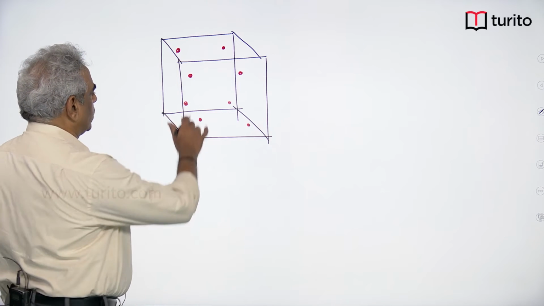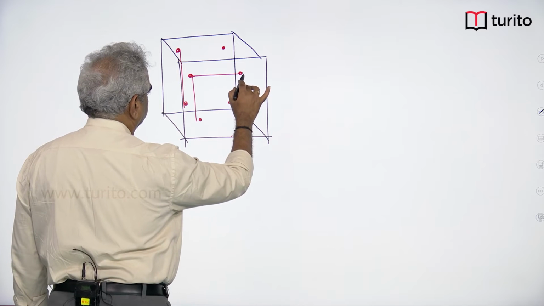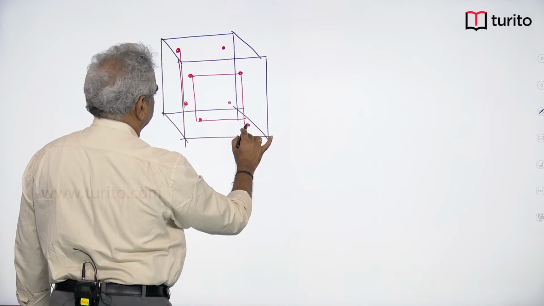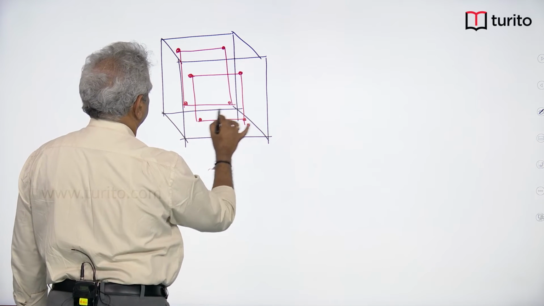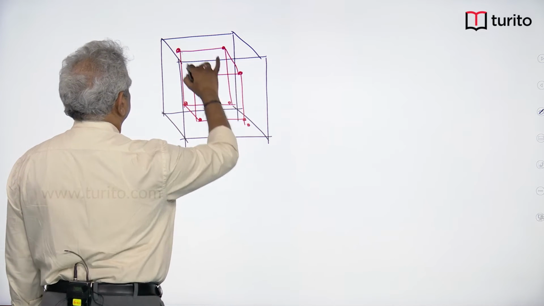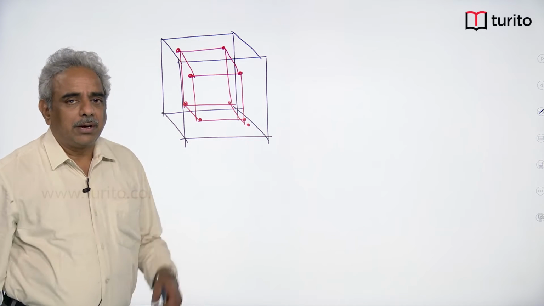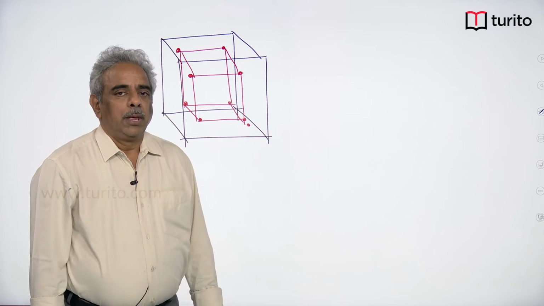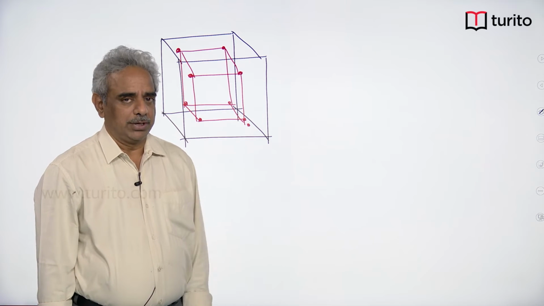Actually speaking, if you connect the 8 tetrahedral voids, you will again get a small cube there. Inside the larger cube you can find a smaller cube arrangement connecting all the tetrahedral voids.